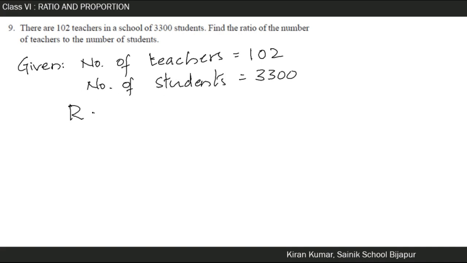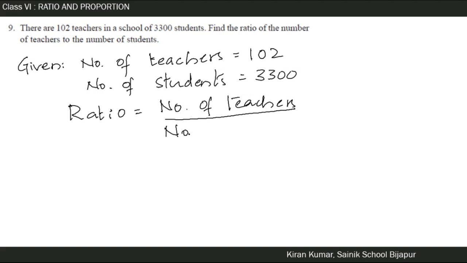Now the ratio is the number of teachers to the number of students, and the number of teachers is 102. Number of students is 3,300.